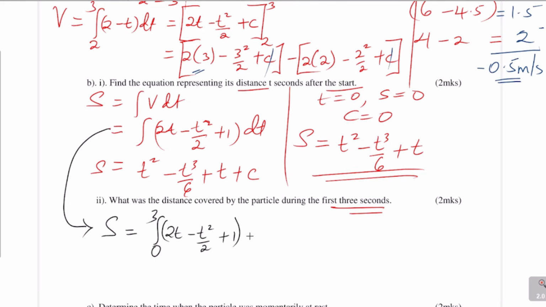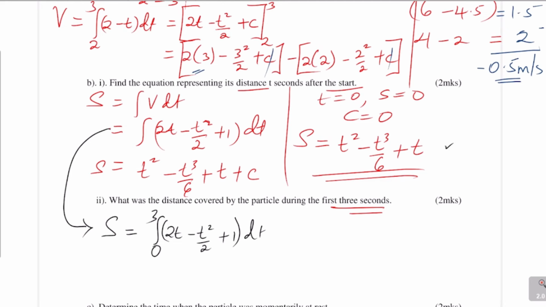So this is still another method. You can take this equation for distance and simply substitute t with 3. It will give you directly the answer, because you want the distance from 0 to 3. Whichever works, I will still do it using the other method.